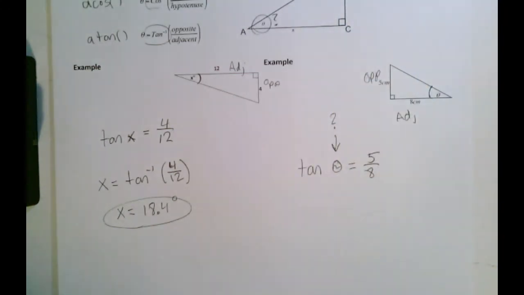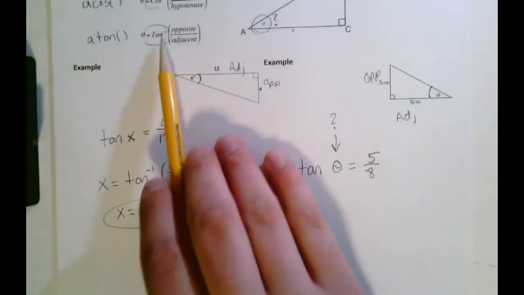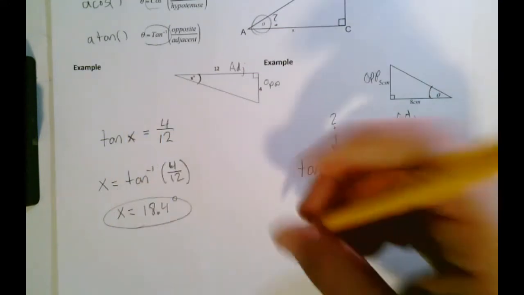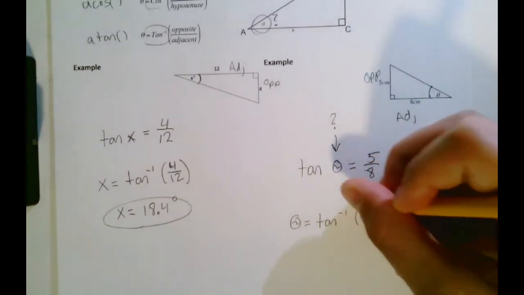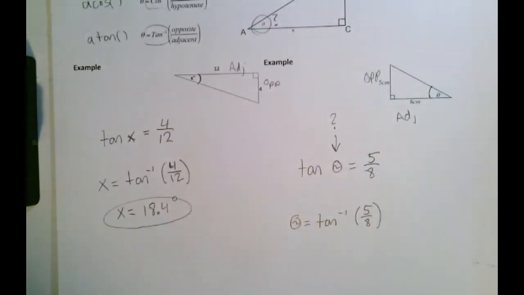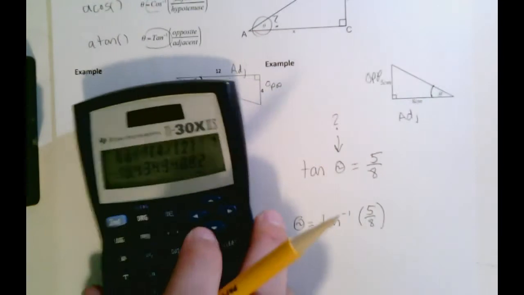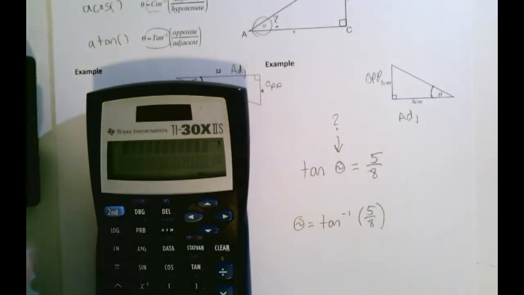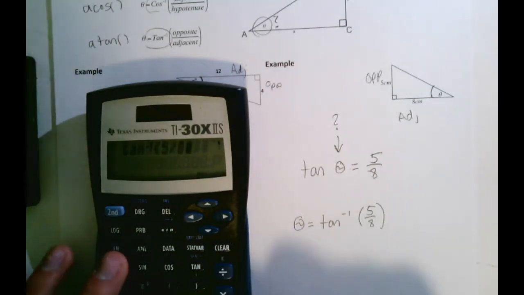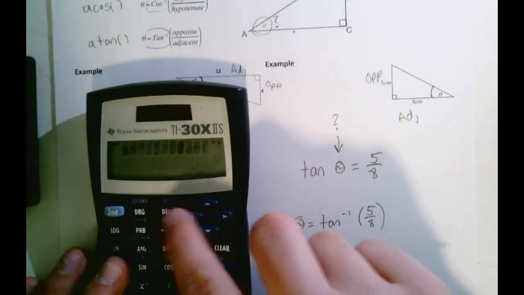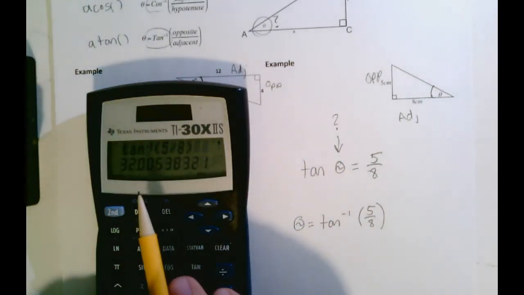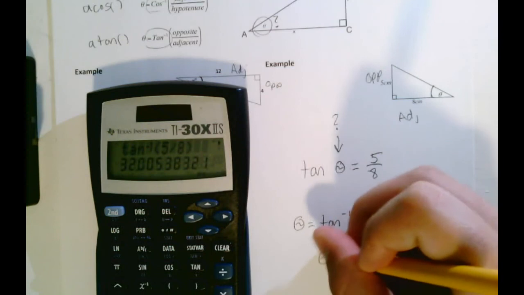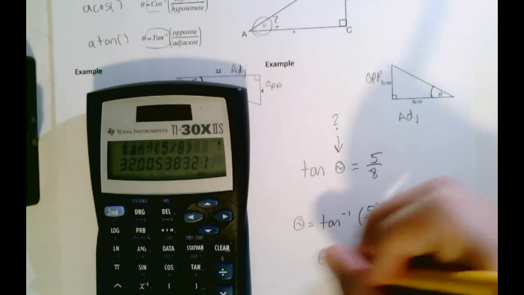I don't know what that is. So to solve that, I need to use the inverse trig function. So theta is the tan inverse of 5 over 8. I'm going to plug this in the calculator. I'm going to hit the second button first, then tangent, and then do 5 over 8, which gives me 32. So theta is equal to 32 degrees.